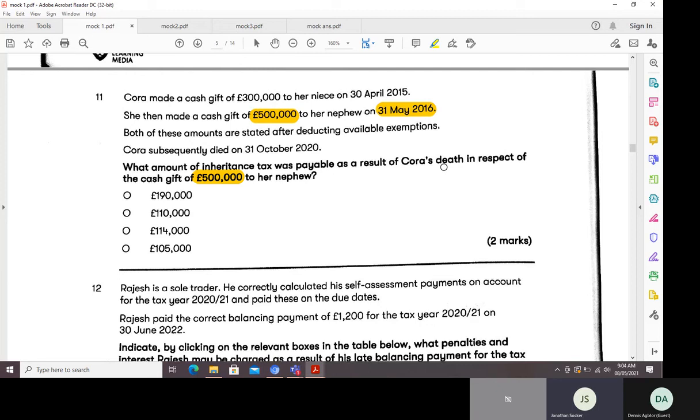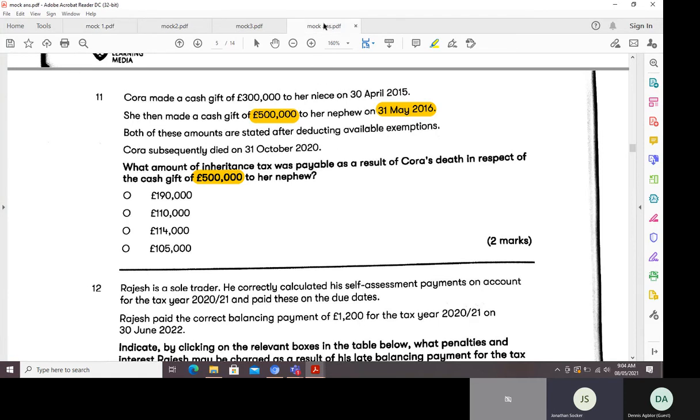Just the transfer to her nephew, the cash gift. Yes, and that's how much? 300,000. So that 300,000 is within 7 years up to the particular transfer we are dealing with, so it will reduce the nil rate band available. The nil rate band is 325,000, so you reduce it by 300,000. We will be left with 25, which will be set off against this 500,000.